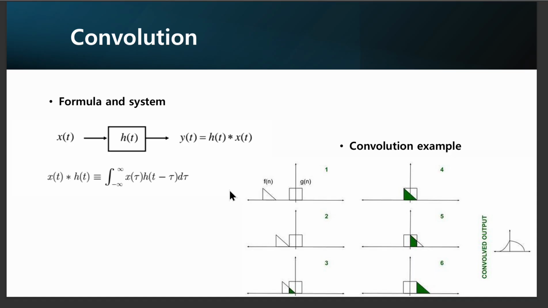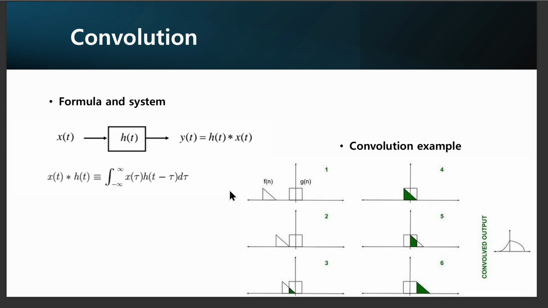Next is convolution. Convolution is an important operation used in various fields, including signal processing, control systems, image processing, and probability theory to model the interaction between two functions.